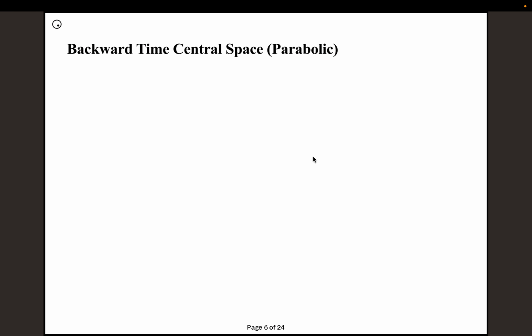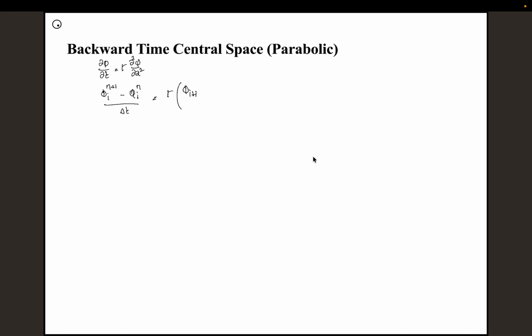Let's say we'll take backward time central space. So the equation remains the same. For backward time, we have basically the implicit formulation of the same equation.